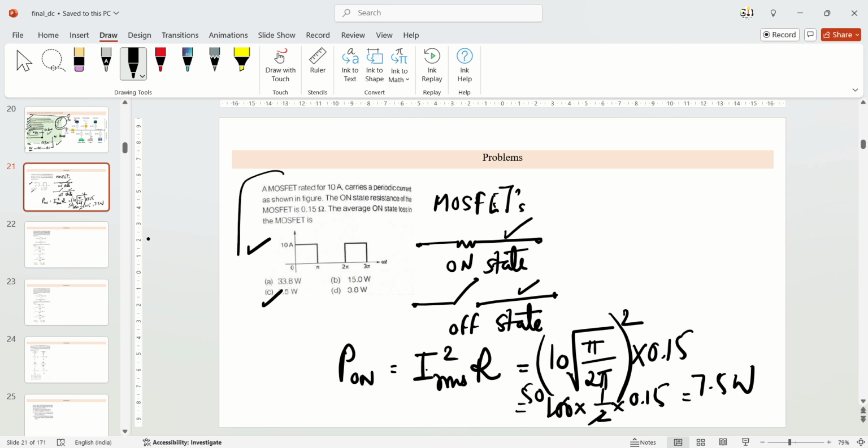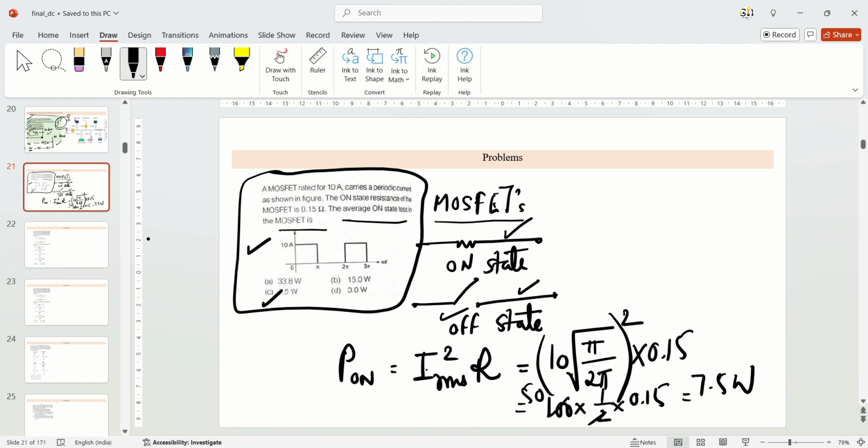To recap, in this type of question the MOSFET is represented as a single resistor in the on state. In the off state, it behaves as an open circuit switch. If we are asked the on-state power loss, you just do I RMS squared times R, where the current is 10 root pi.